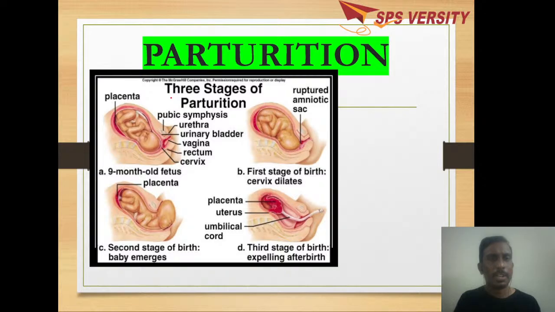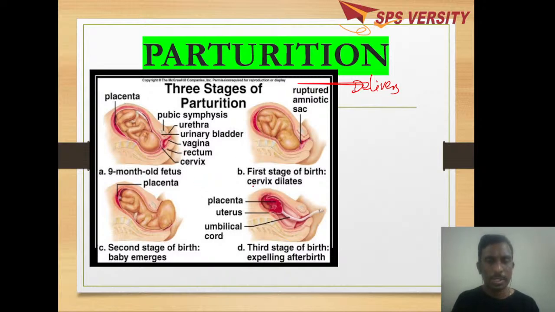So during delivery, there are 3 stages of parturition. Parturition means the delivery of the baby. Here you can see a 9-month-old fetus which is fully developed. The head is facing towards the vagina.